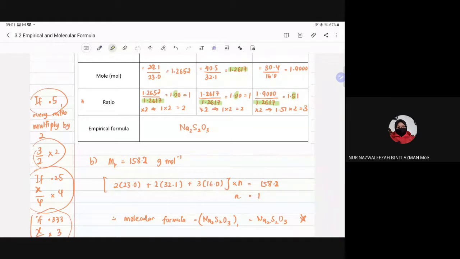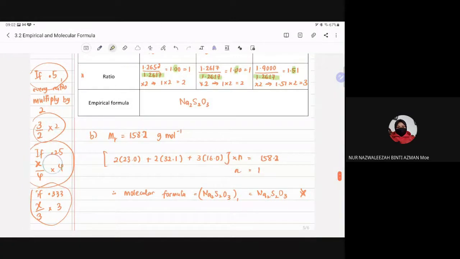Ya, exactly. Kita jadi nombor bulat. Tapi, betul Irfan. Tapi, dia ada rules dia juga tu. Sebab kalau nombor ada decimal point dia ada 0.5, ada 0.25 ataupun 0.33, itu mesti darab dengan, inilah nombor dekat tepi ni.